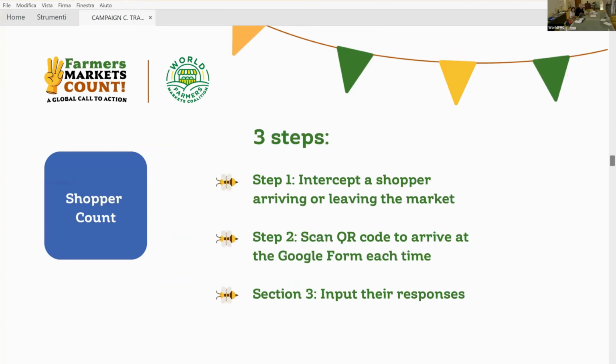For the shopper count, step one, this is the shopper... This is the, hold on, the intercept. Do I have to go back? No. Go forward one. It's actually better.